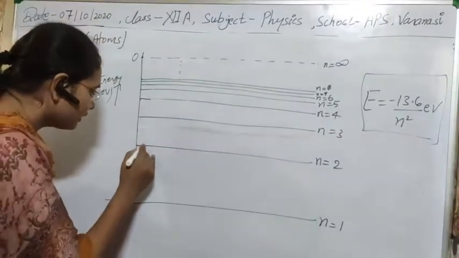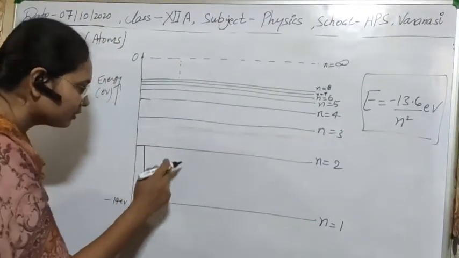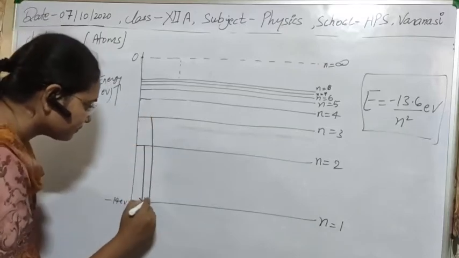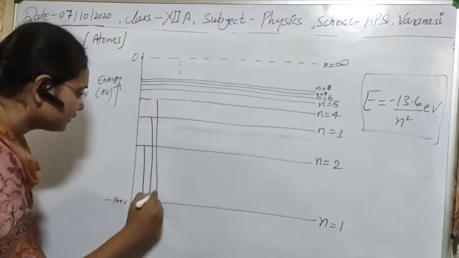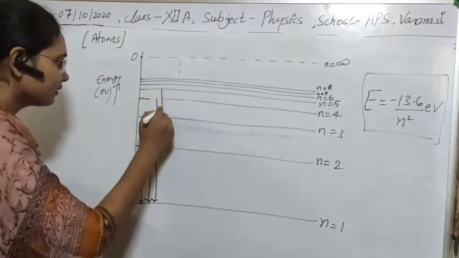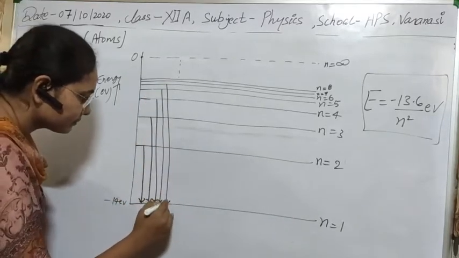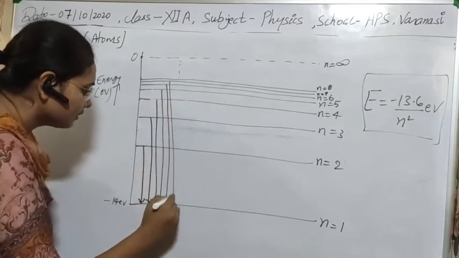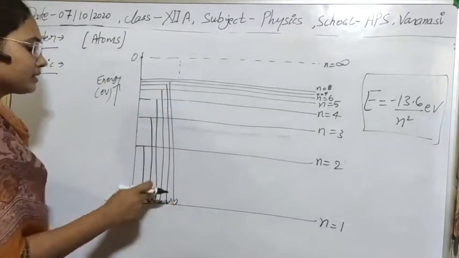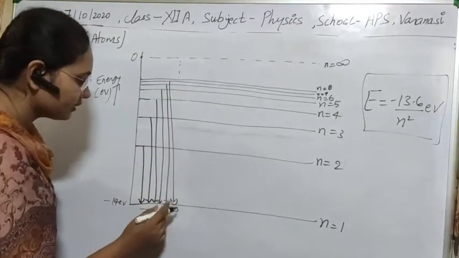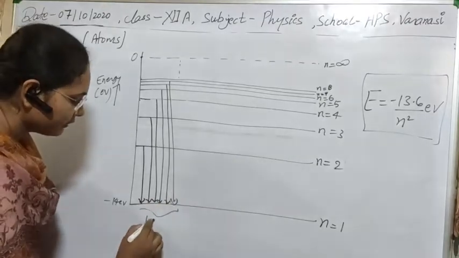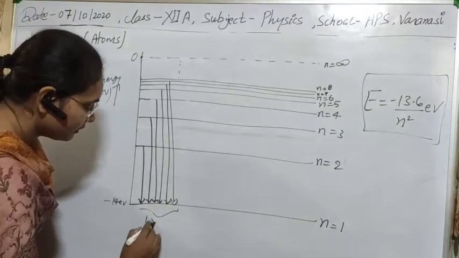So we can draw it here: n equal to 2 to 1, 3 to 1, like this. From any higher state, it transits to n equal to 1, and we get the Lyman series.